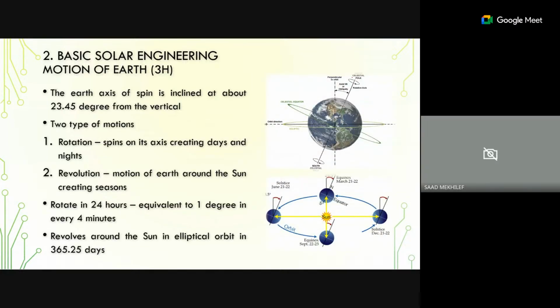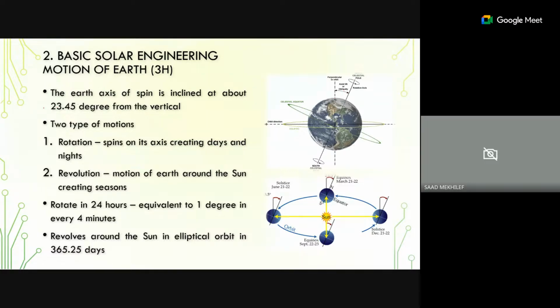First, we know the Earth is rotating. It has two rotations: it rotates around itself and it rotates around the sun, and it rotates with an angle we call the axial tilt.